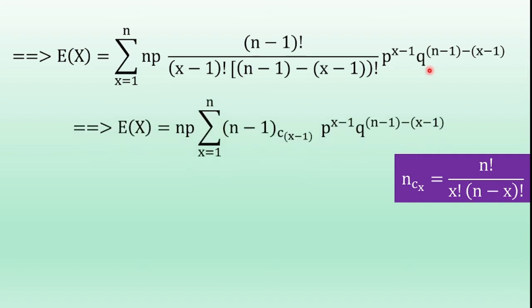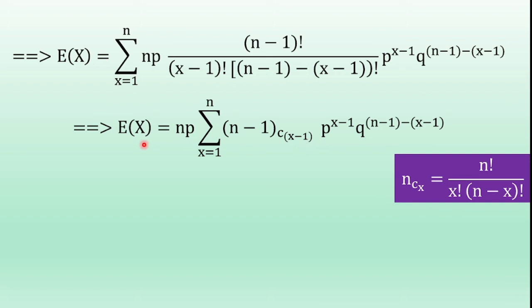So using this expansion of nCx, the term (n minus 1) factorial by (x minus 1) factorial into (n minus 1 minus (x minus 1)) factorial is written as n minus 1 C x minus 1.